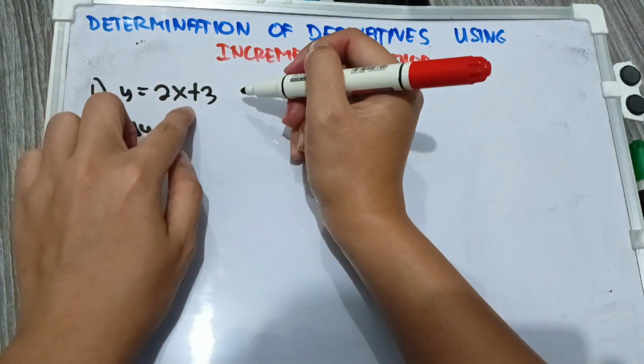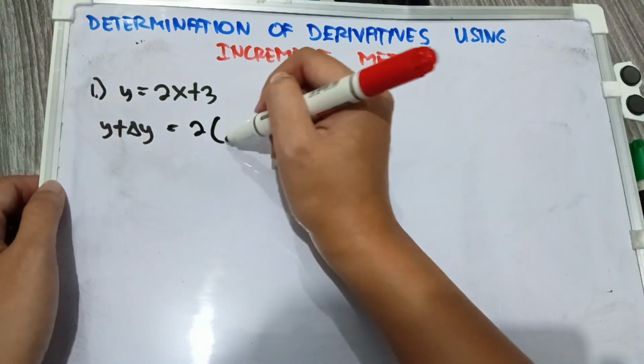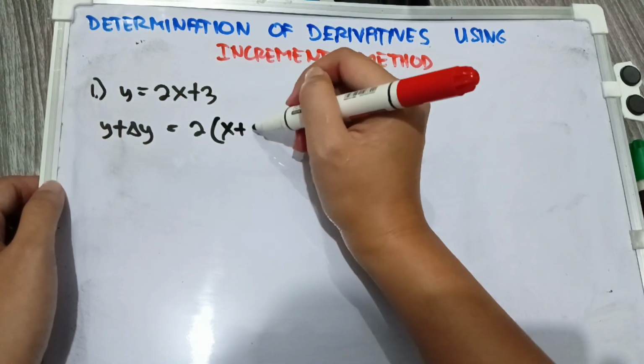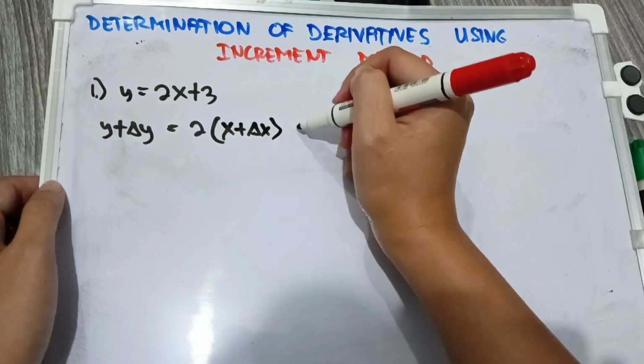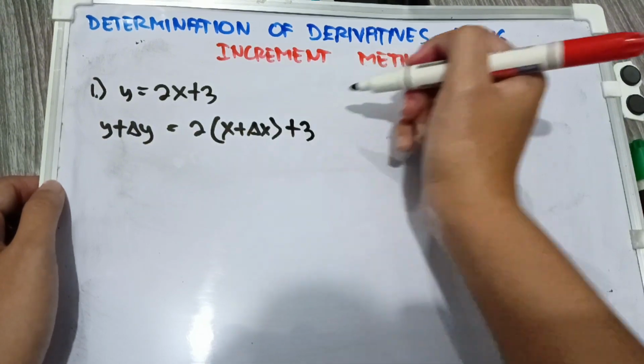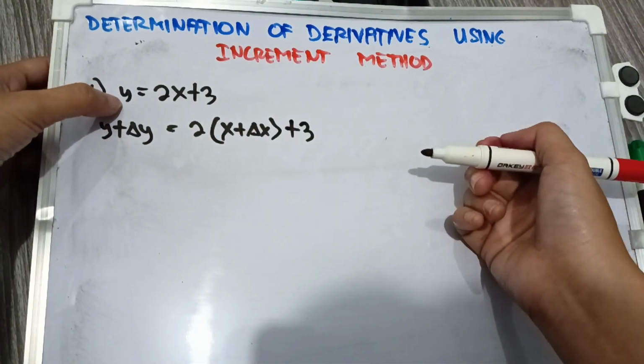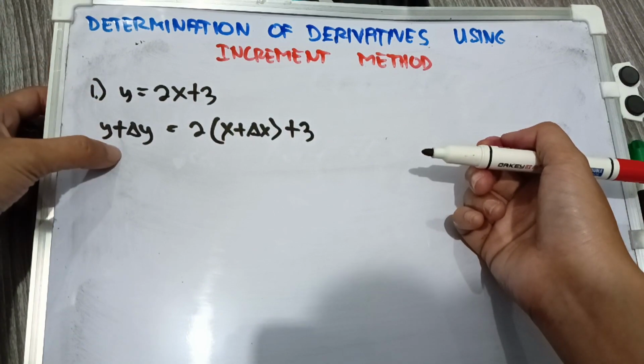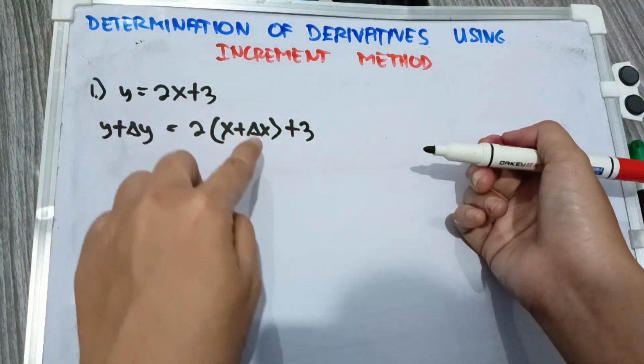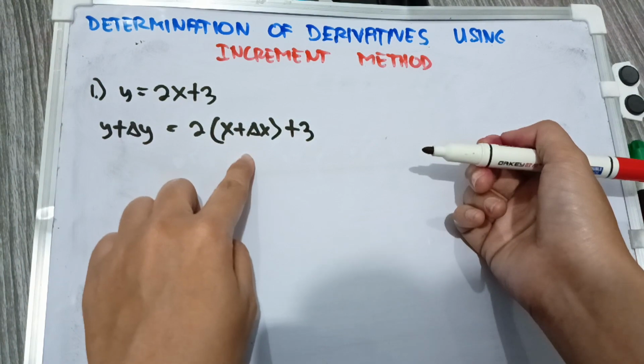And let's replace x by 2 times x plus delta x plus 3. We replace the y by y plus delta y and the x by x plus delta x. That is the step 1.